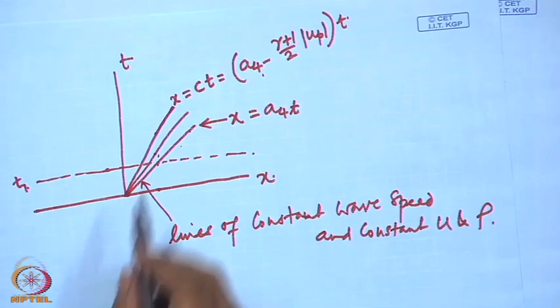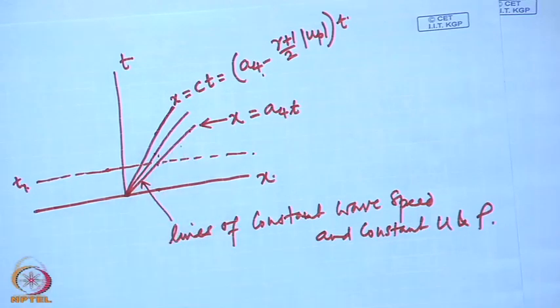Hence, these are basically characteristic lines. As time increases, this fan becomes wider and the wave becomes flatter and flatter, and the gradients of velocity, density, pressure, temperature become smaller and smaller. Thus, the waves always remain isentropic.